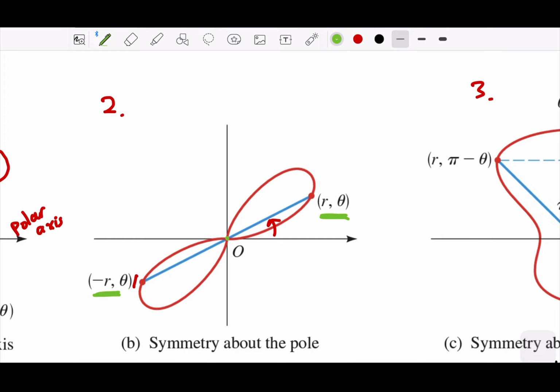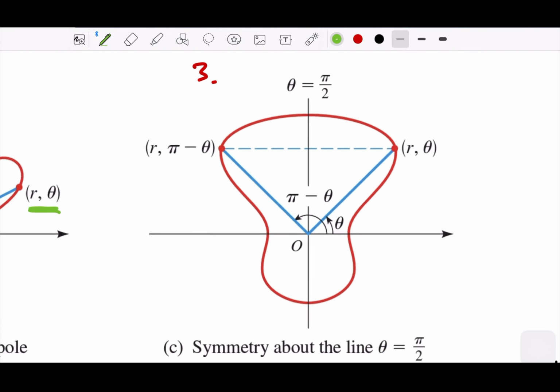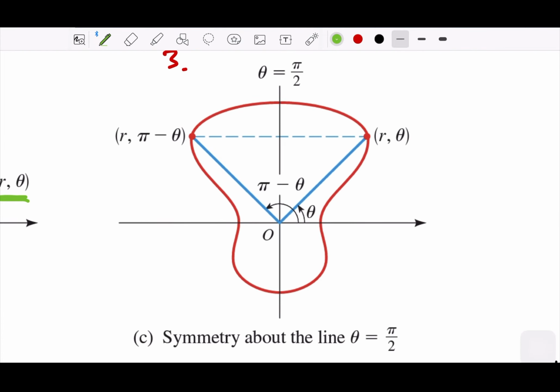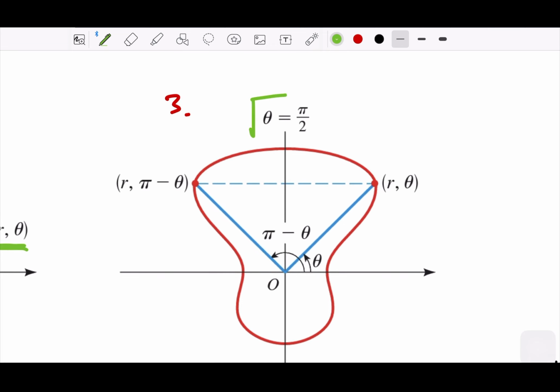And then the third case is when we take the theta and we take pi minus theta. Then we see that it will be symmetric about theta equal pi over 2. It will help us to know how to draw the polar curves better.